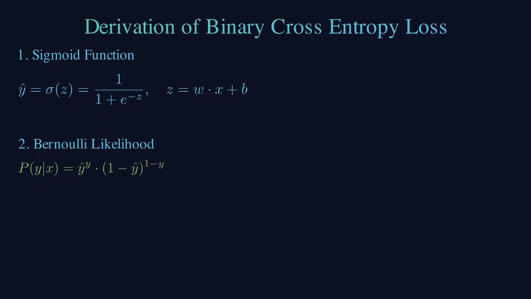So when y is 0, it becomes 1 minus predicted y, and when y is 1, if we apply 1 in this formula, y predicted to the power 1 becomes y predicted, and 1 minus y predicted to the power 1 minus 1, which is 0, becomes 1. That means this entire second part of the function becomes 1.